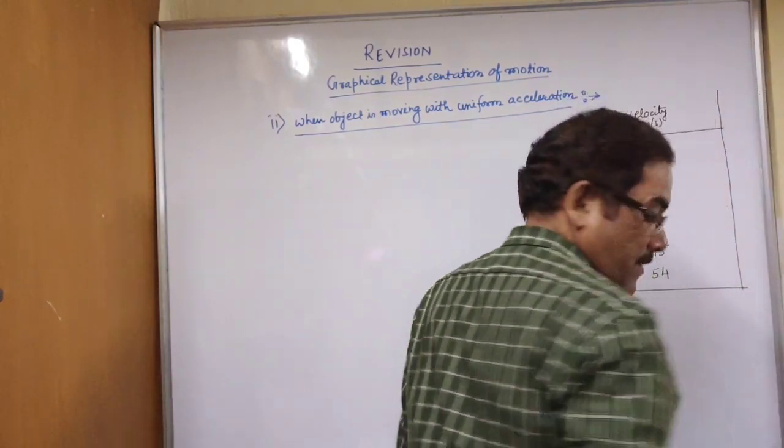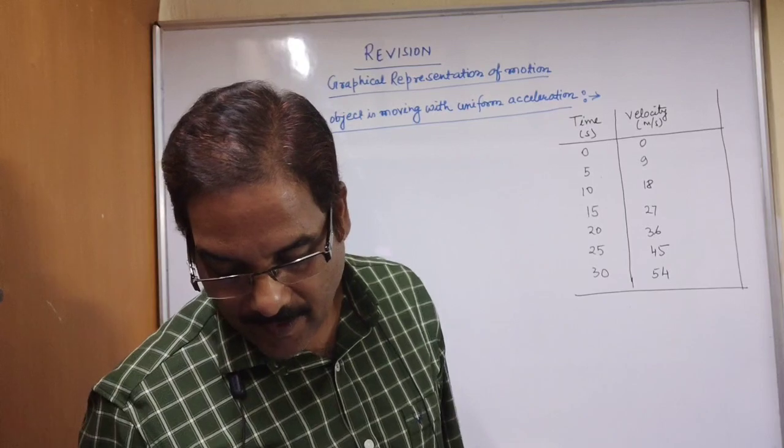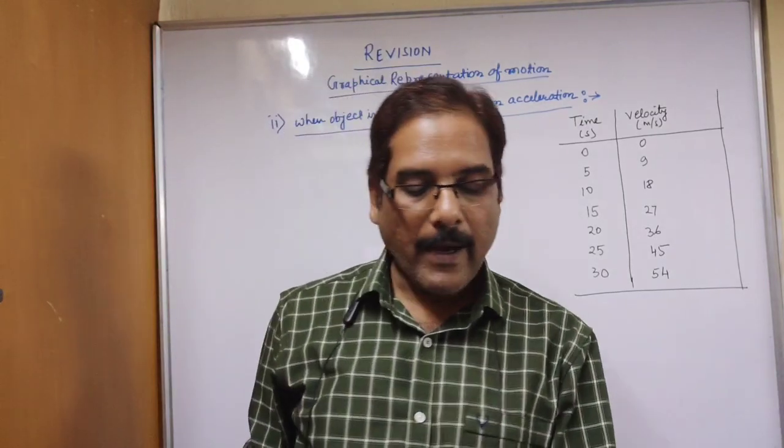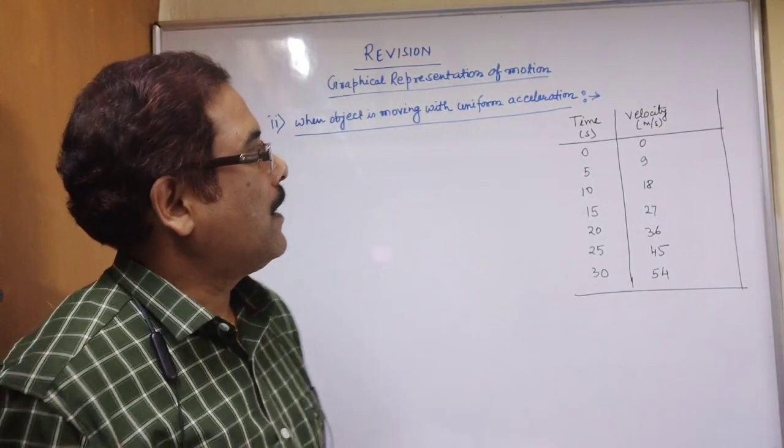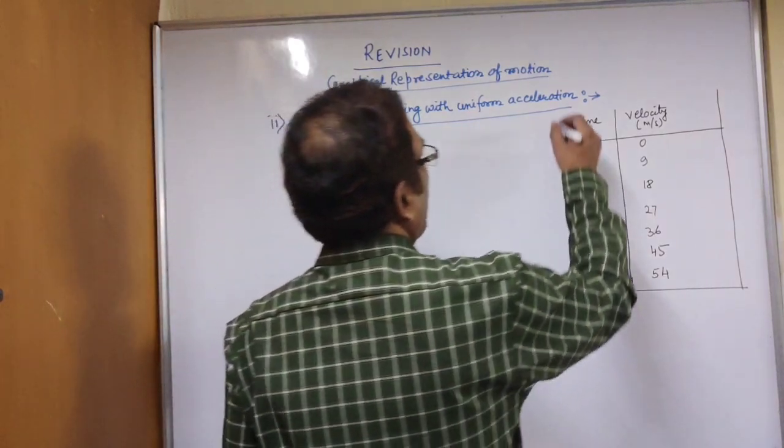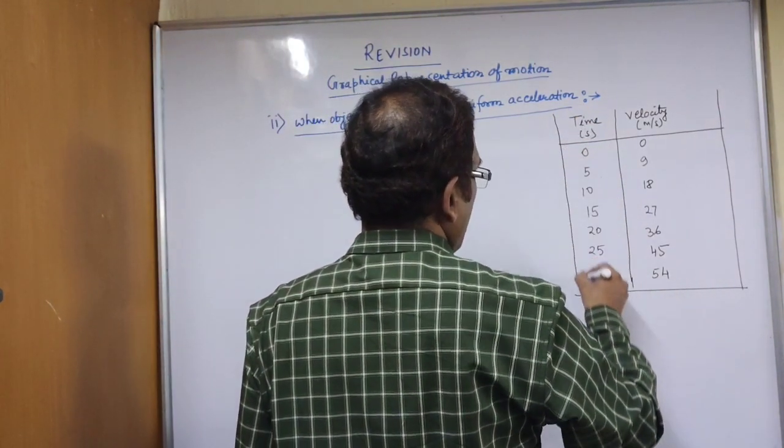Suppose the table is like this, and you have to draw a velocity time graph according to this table.